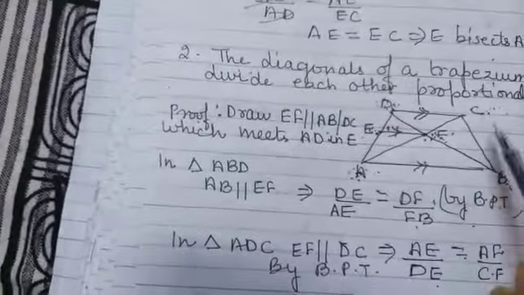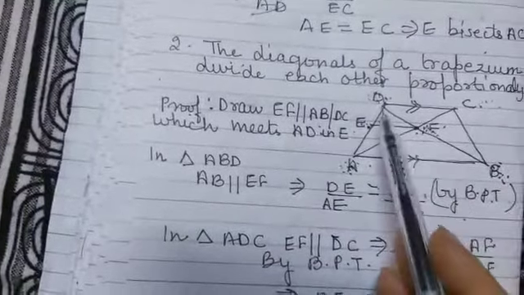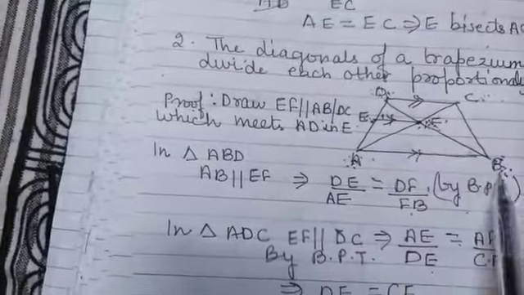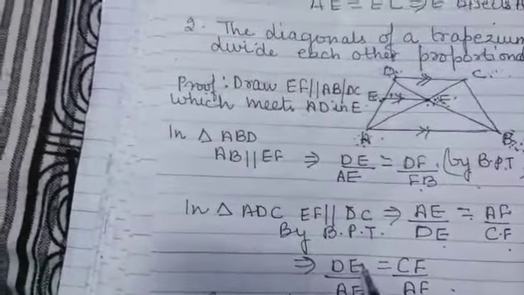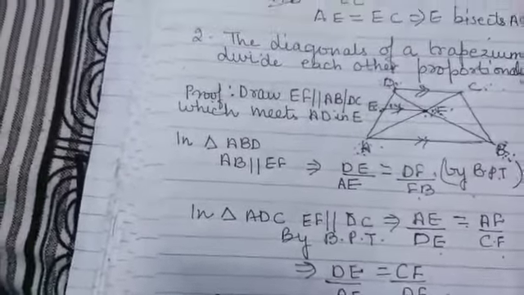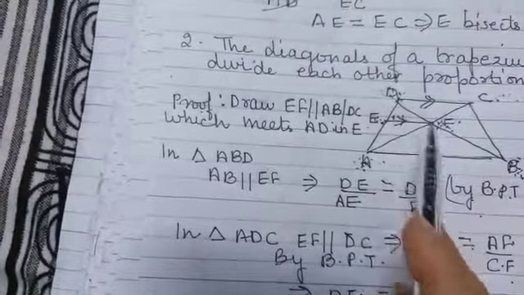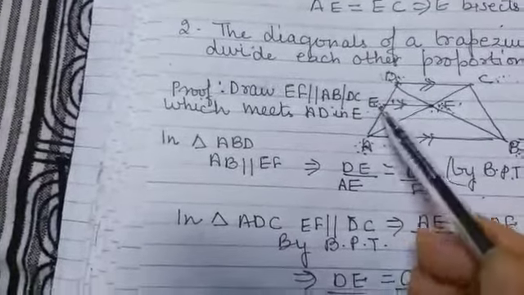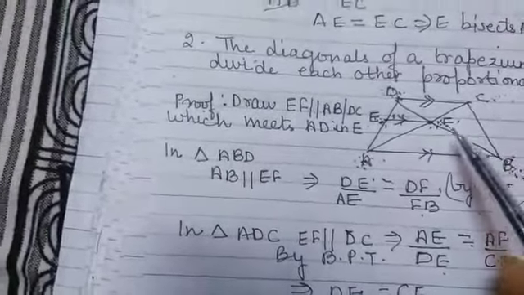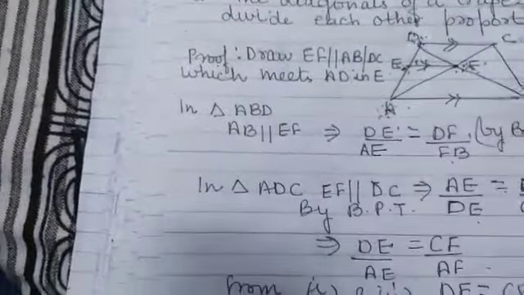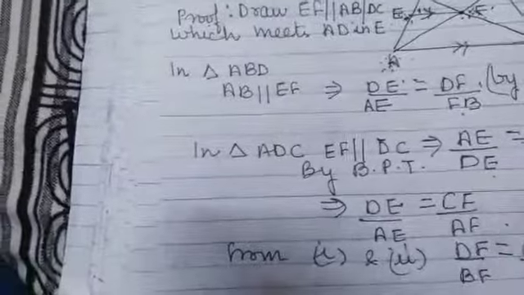So DE upon AE is equal to CF upon FA. You know the reciprocal of it.